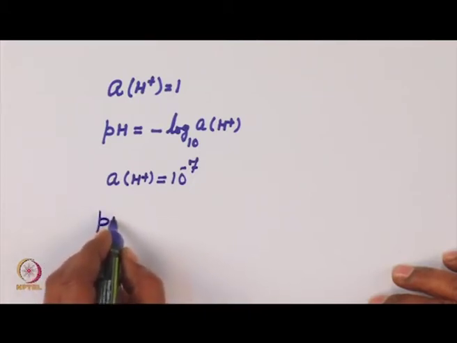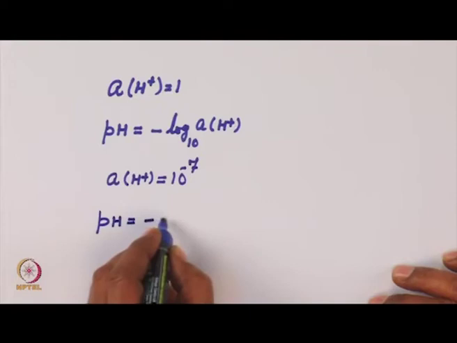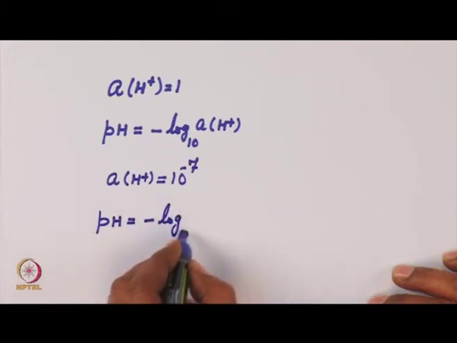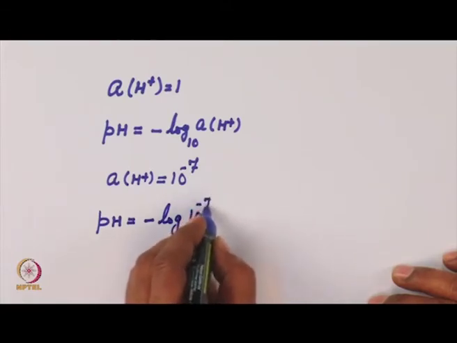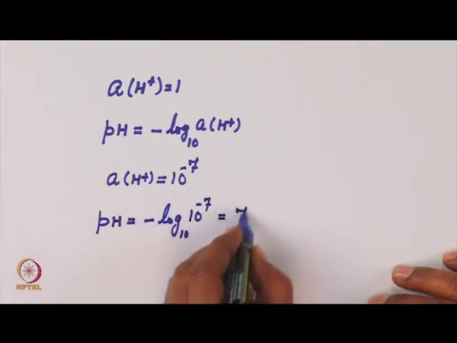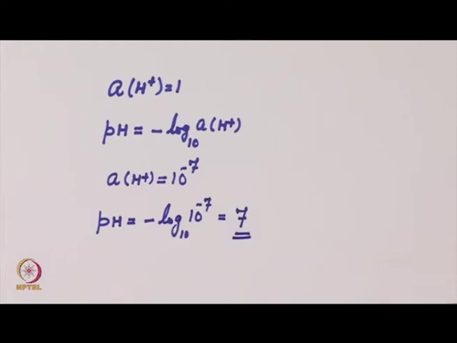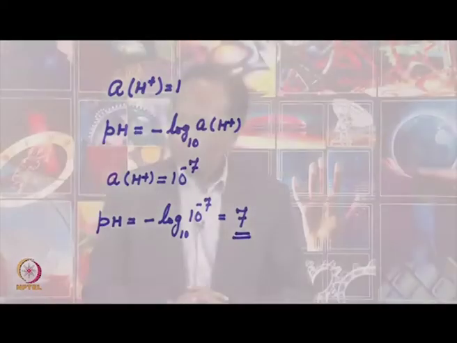So, pH will be equal to minus logarithm base 10 of 10 raised to the power minus 7, this is equal to 7, and that is what we call the biological standard state. pH 7 means the solution is neutral.